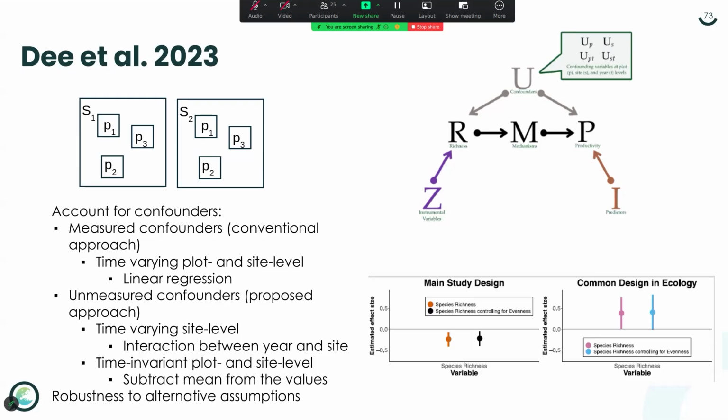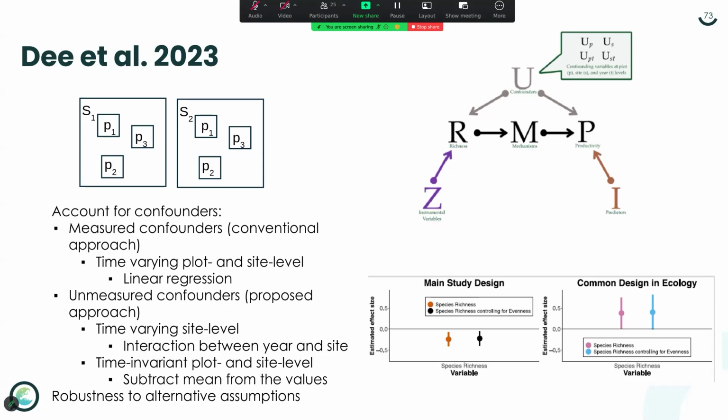The classical way, if you want to account for confounders, if we look at this graph on the right hand side, where we have richness R and then productivity P, and there is some mechanism by which they are interlinked, but there is also this set of confounders on top of them that impact both richness and productivity and can mess up the estimate of how the mechanism works there.